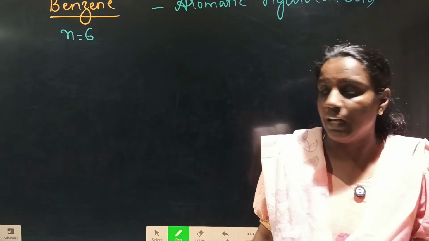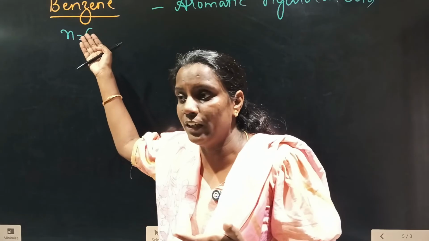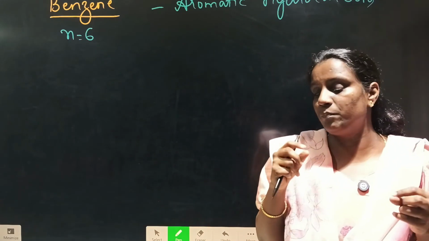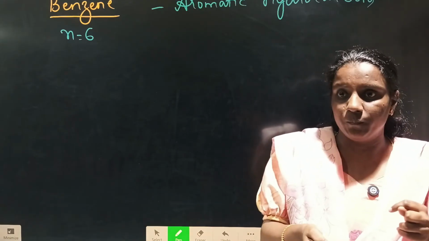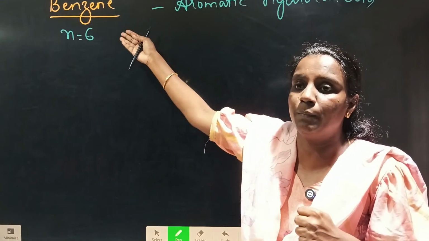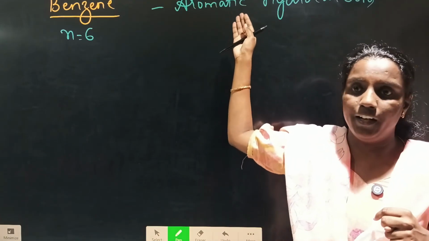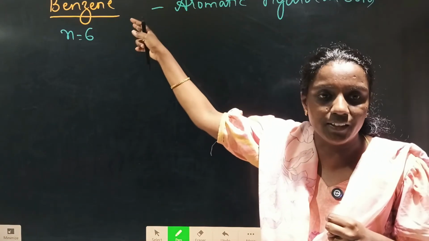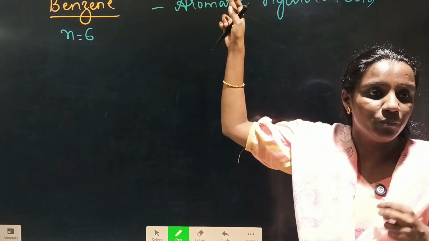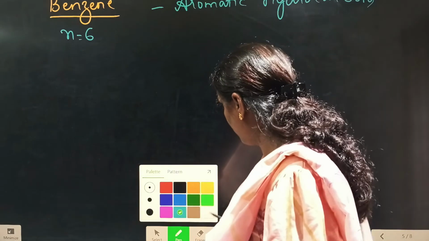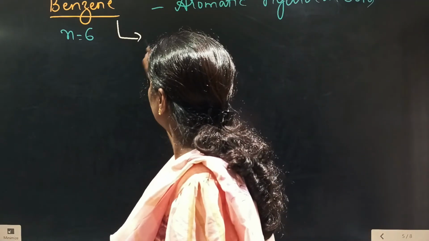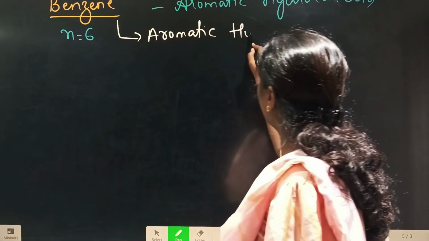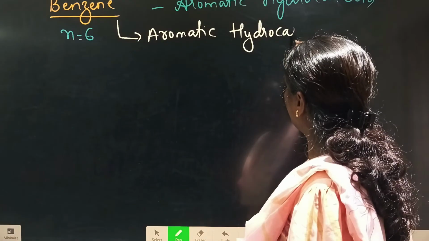I think when you smell benzene oil and all, it has a different type of smell. Such hydrocarbons we call aromatic hydrocarbons, and the best example for it is benzene. In your syllabus, benzene is given; in aromatic hydrocarbons you have to show benzene.